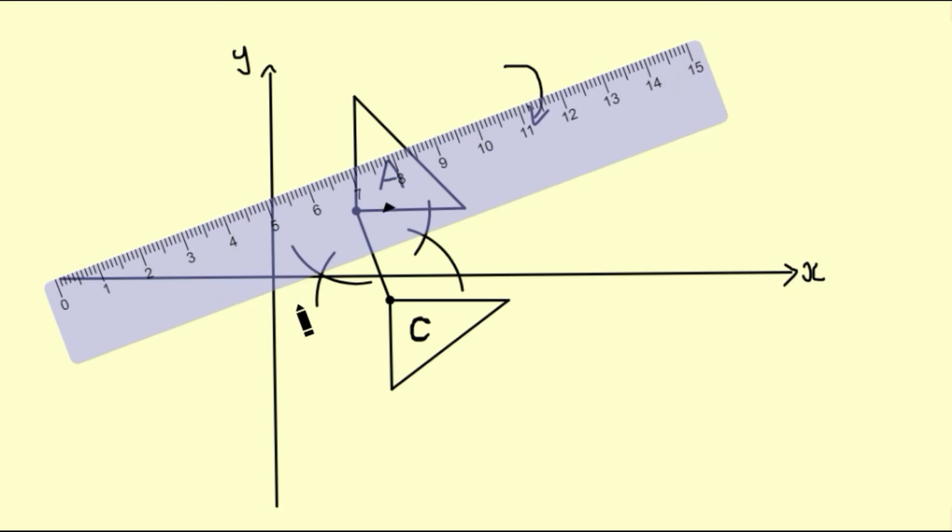Join the intersecting points of the arcs with the ruler, then draw the line through those points. Like this you can extend the line.